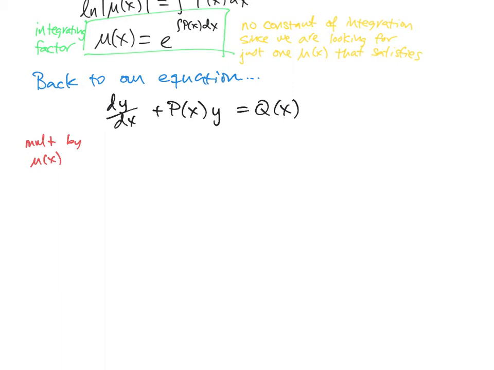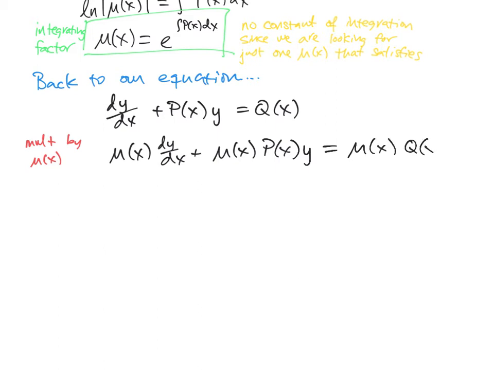So we've got mu of x dy dx plus mu of x p of x y equals mu of x q of x.